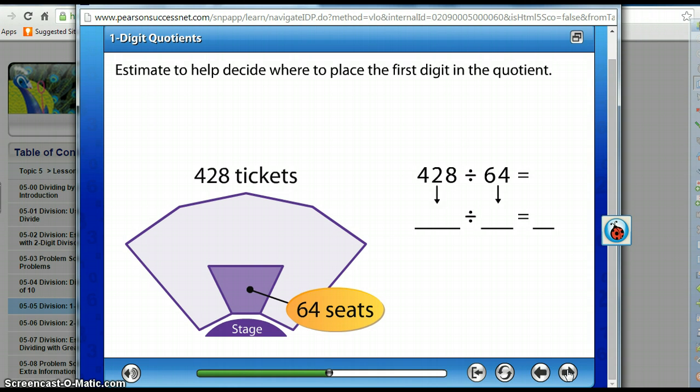Estimate to help decide where to place the first digit in the quotient. If we estimate, 428 is close to what? Wyatt? 130? Okay. Think about compatible numbers.